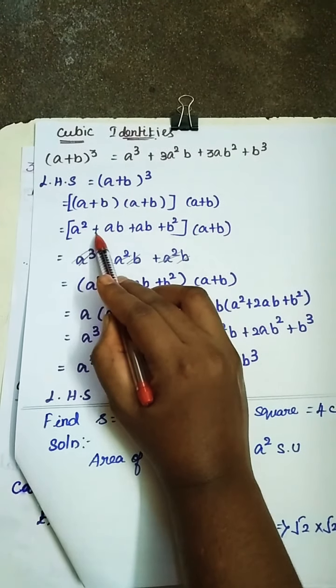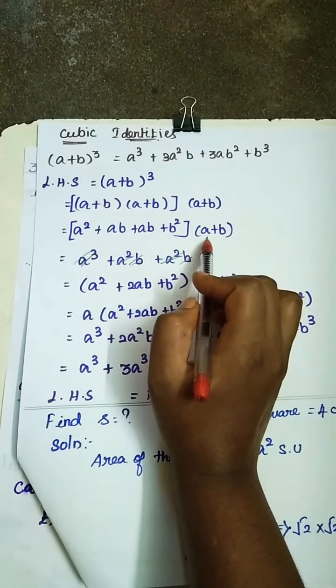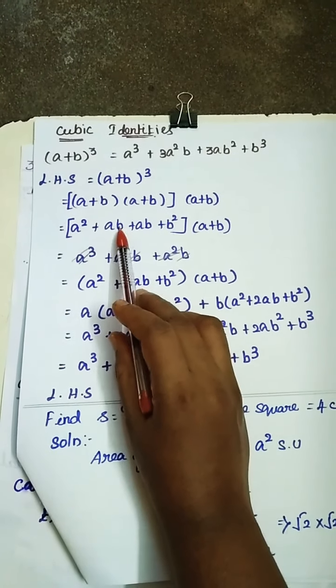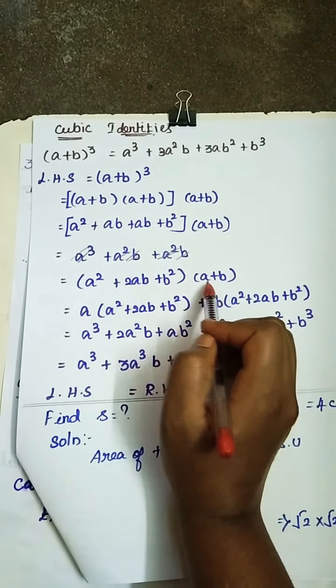So a square plus ab plus b square into (a plus b). a square plus 1 plus 1, 2ab plus b square, into (a plus b).